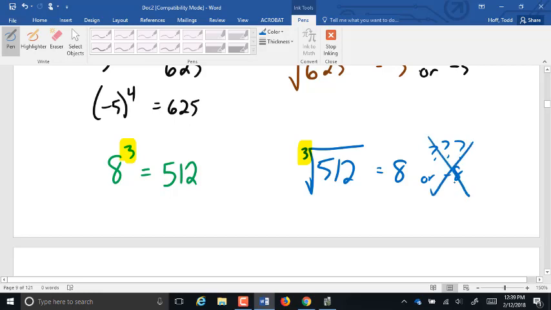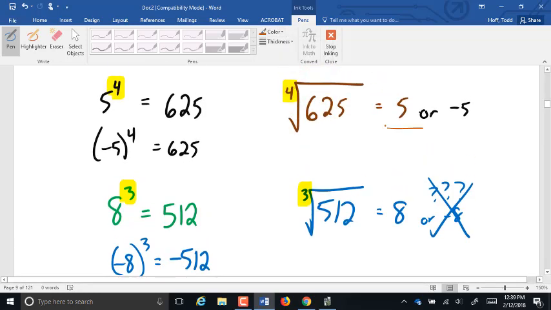Just the positive, because negative 8 to the power of 3 is actually negative 512. So where we have these two possible answers of being a 5 or a negative 5 is only on the even roots, the even index of the roots.